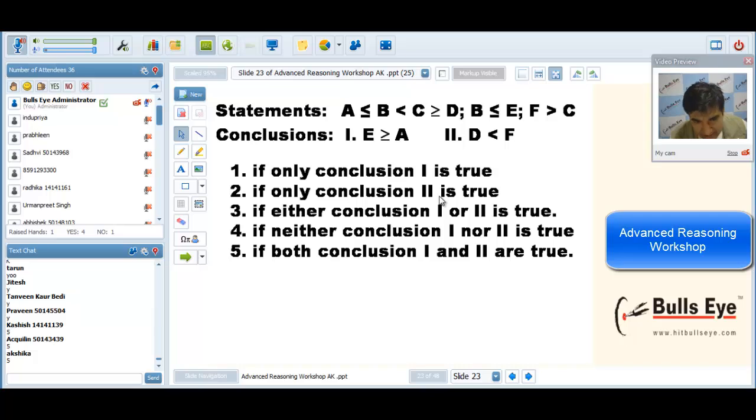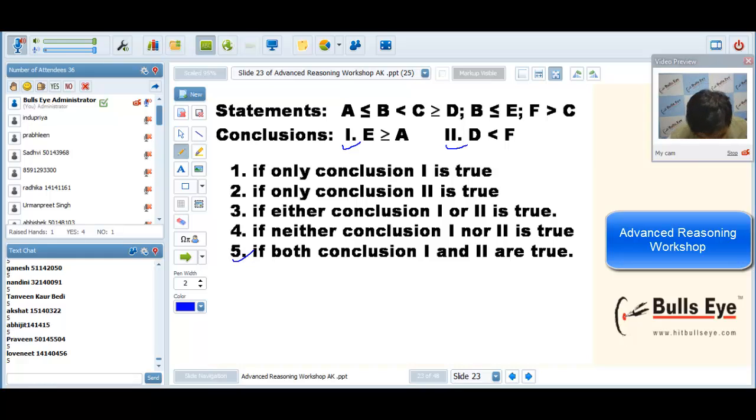People, the statements are same, only the conclusions differ. So I think everyone got it right. Answer is both the conclusions follow.